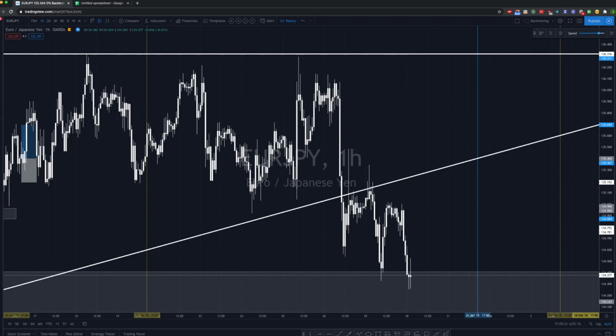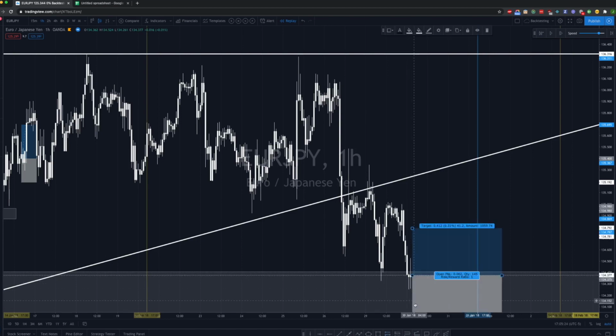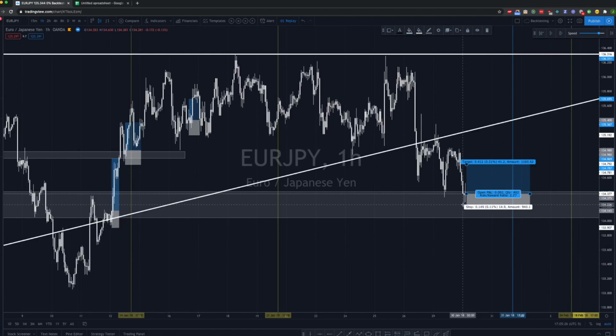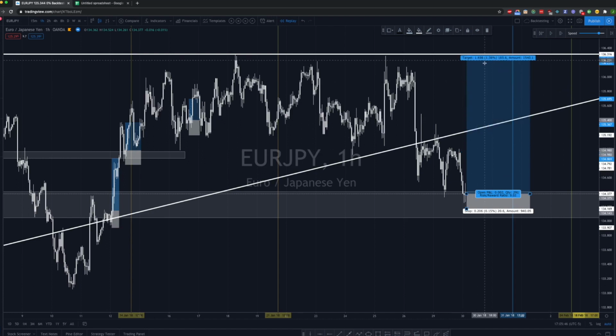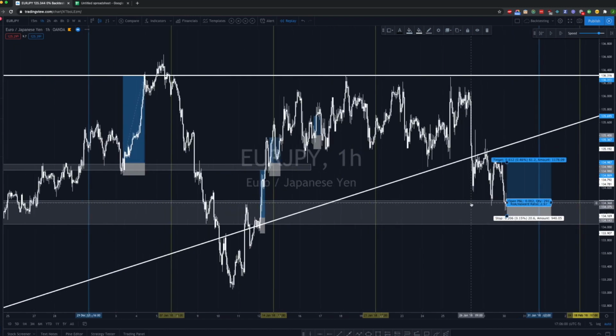So for this, I'll take a position here and enter on this candle. I'll put my stops, giving this a little bit more breathing room, and then I'll target about here for my first targets. Maybe I'm being a little bit ambitious, but it might come back to these highs here, because we had this massive sell-off and then it immediately slowed right down into my level, which is the first time.